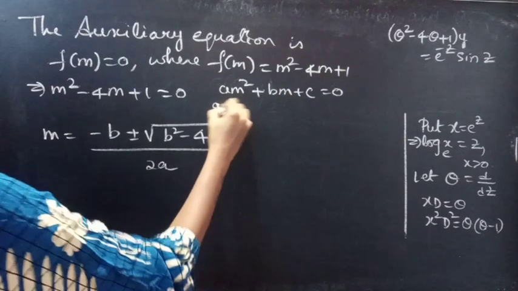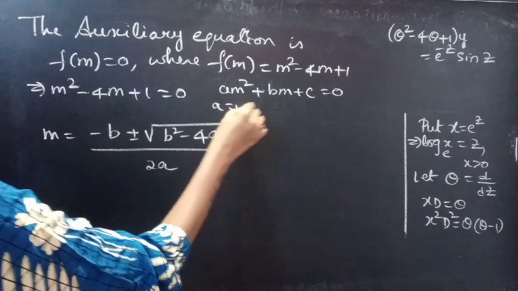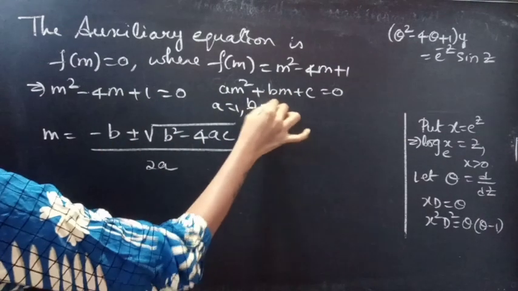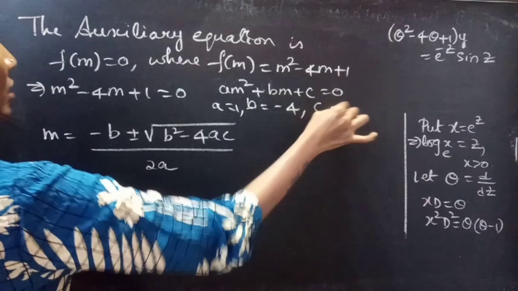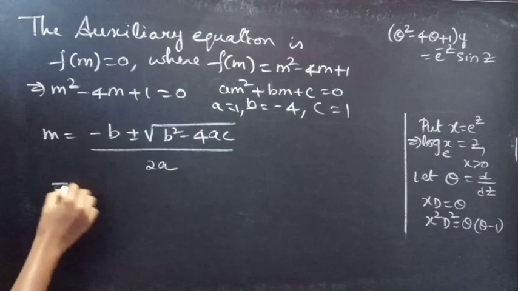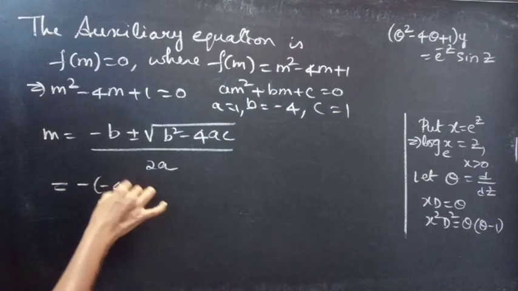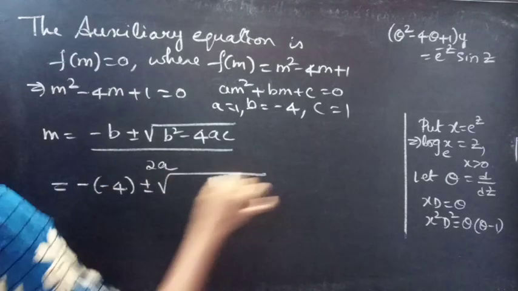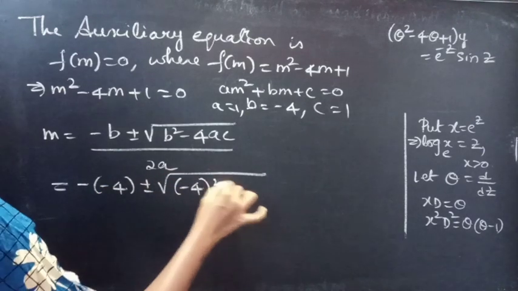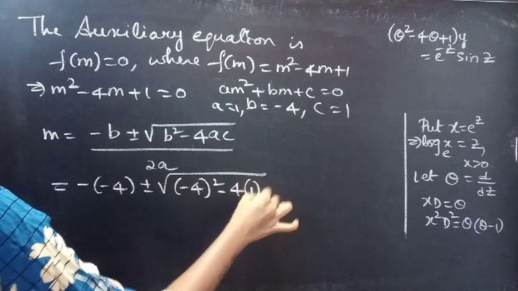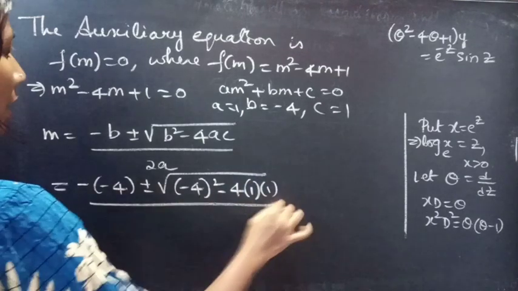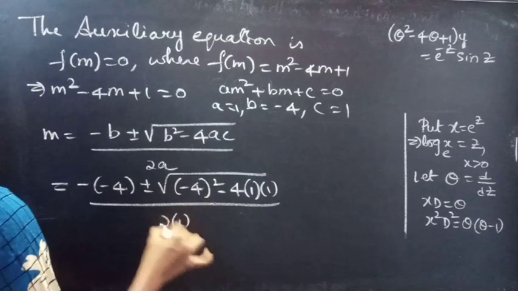We'll get a equals to 1, b equals to minus 4 and c equals to 1. Then m becomes minus of minus 4 plus or minus square root of minus 4 whole square minus 4 into a into c, by 2 into 1.